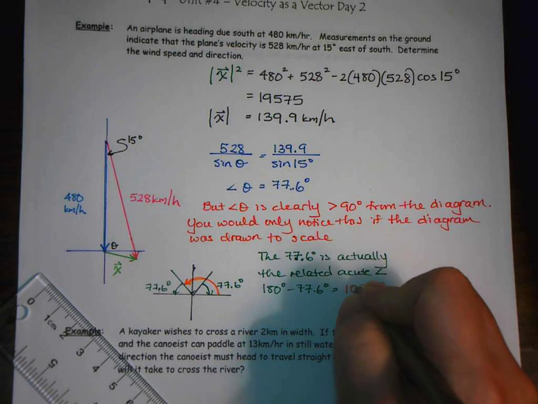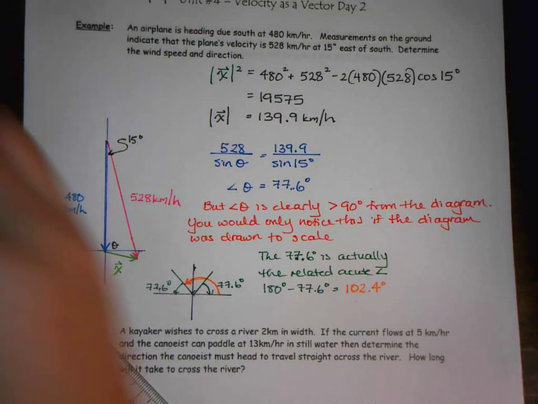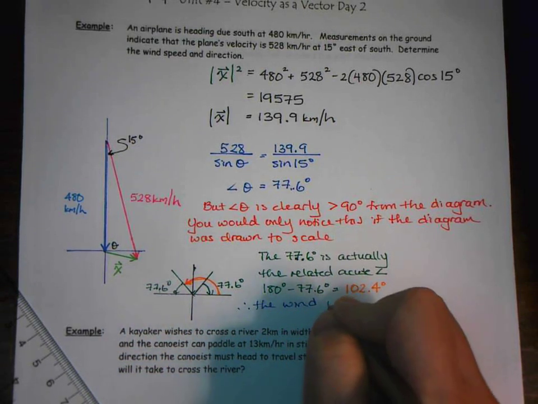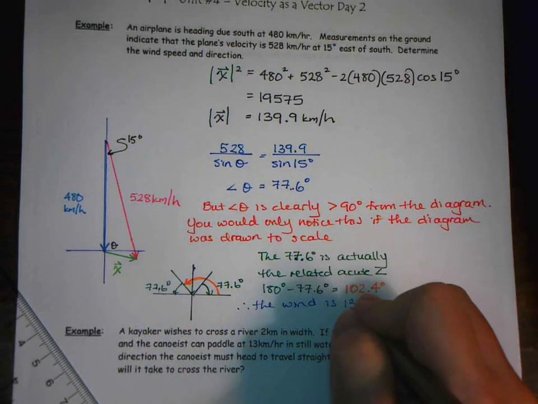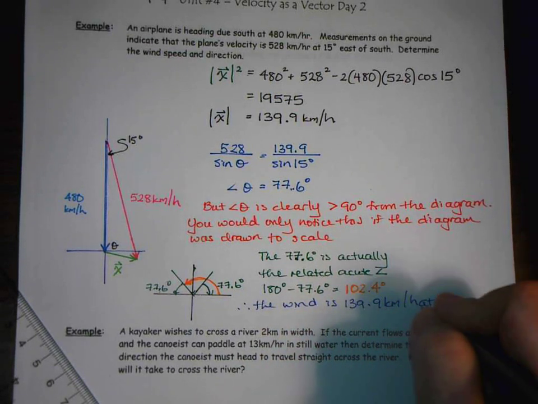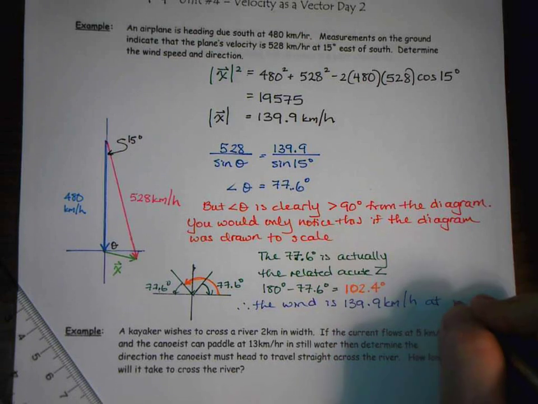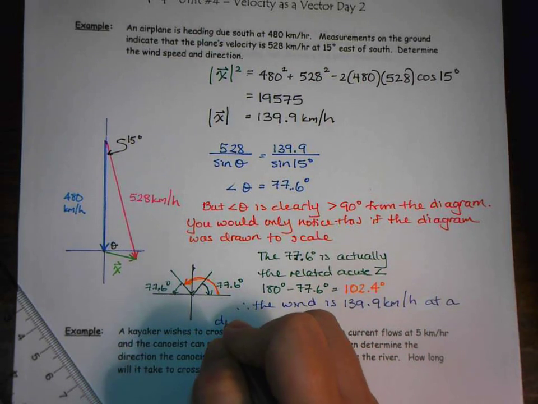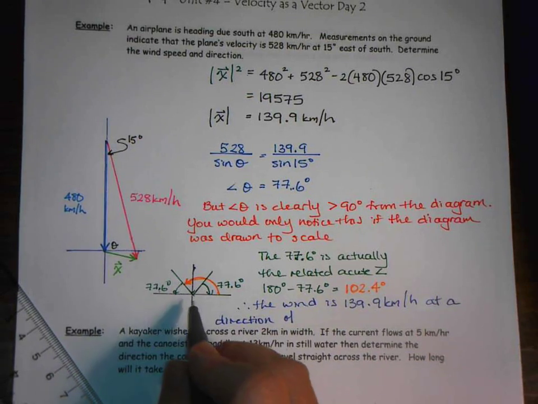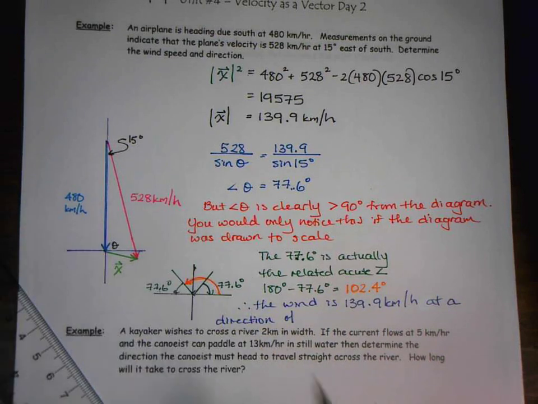So we can conclude that, therefore, the wind is 139.9 kilometers per hour at a direction of, so this angle in here is actually, we could say that's 102 degrees, or we could look at it in terms of how many degrees east of south.